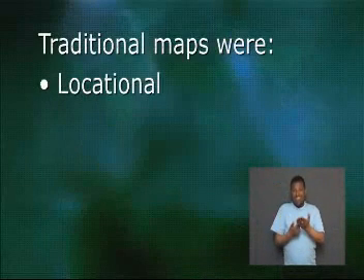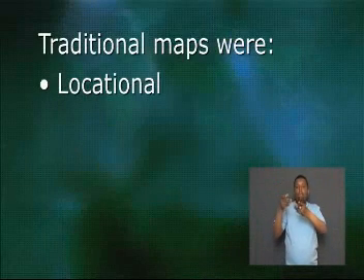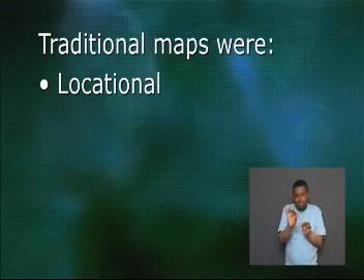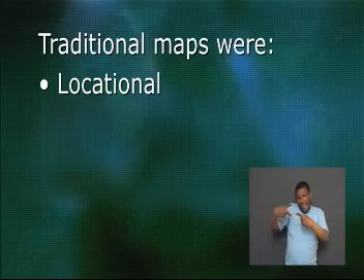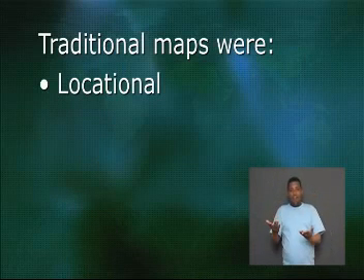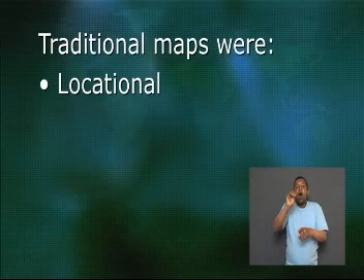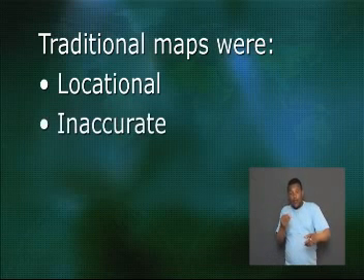In traditional locational map making, one of the greatest challenges was the accurate measurement of distances, directions, areas, and locations. Measurements were done manually, which is often difficult and inaccurate.